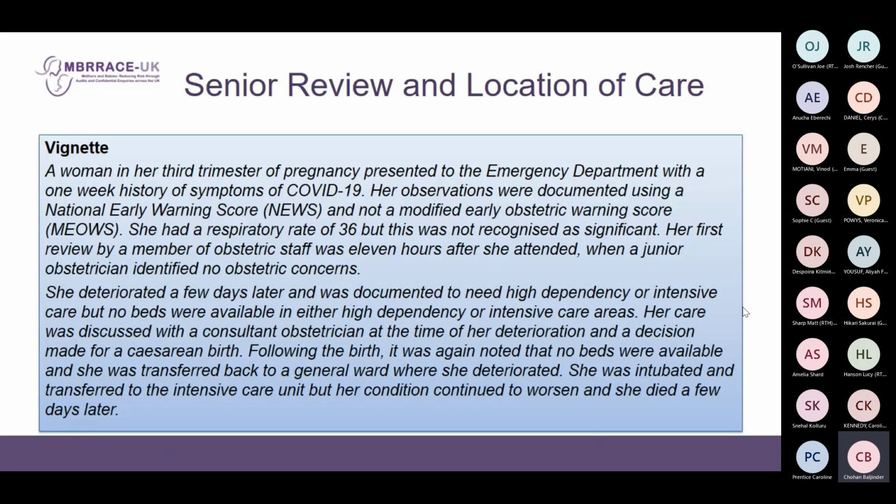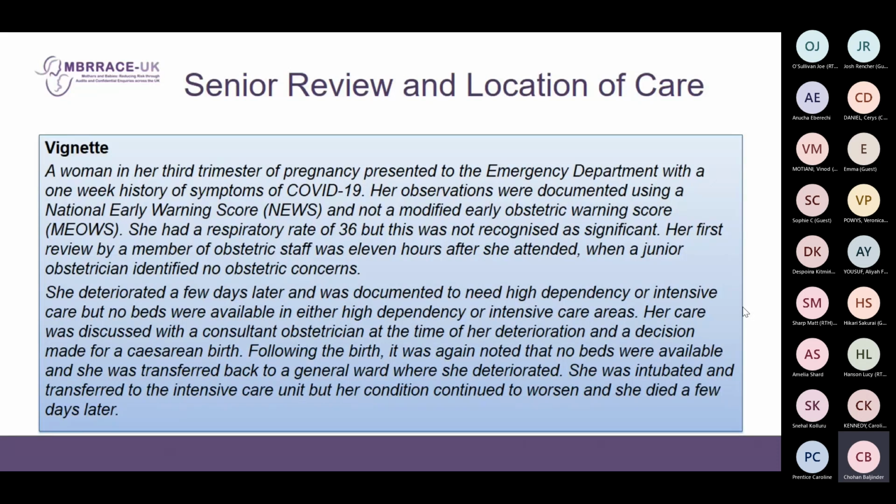She deteriorated a few days later, was documented to need HDU or ITU care, but there were no beds available locally. Her care was discussed with the consultant obstetrician, who decided she needed a cesarean. Then afterwards, it was noted there were no beds, and she was transferred back to general ward, where she deteriorated. She was eventually intubated, transferred to ITU, but her condition worsened and she died a few days later.